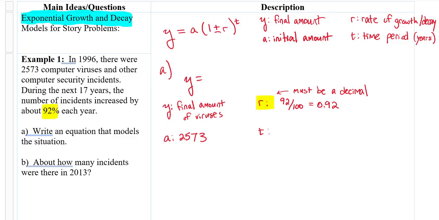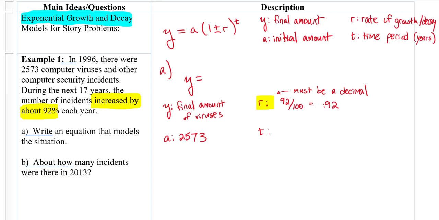Now, that 92%, that R, it is increasing. We were told that our percentage is increasing by 92%. So what that means is that's going to tell us what sign to use in our formula. So see how the formula has a plus or a minus? That means we have to figure out, are we talking about exponential growth or are we talking about exponential decay?